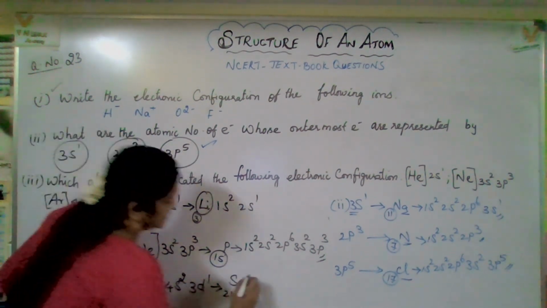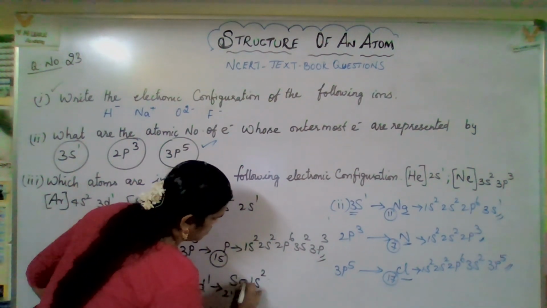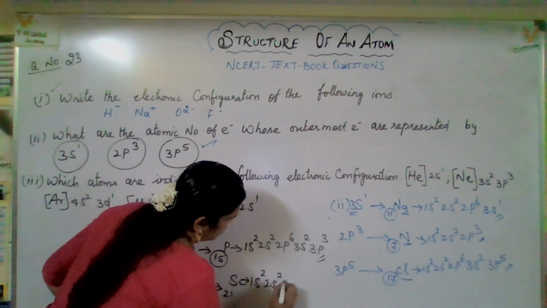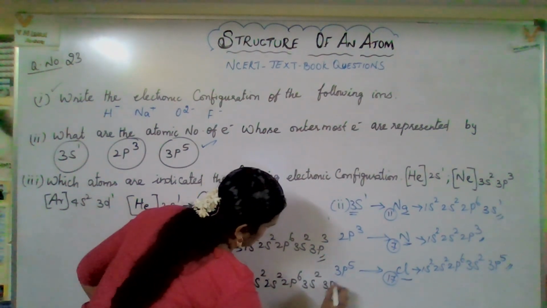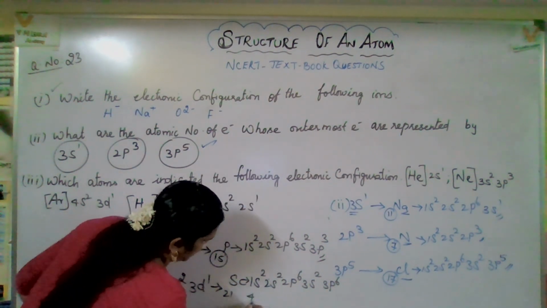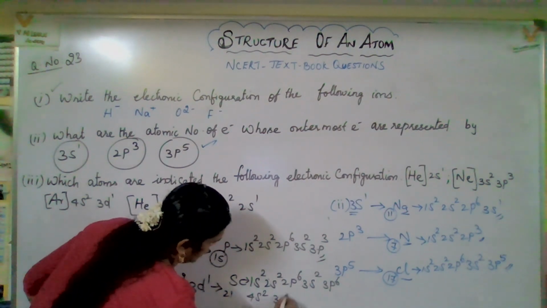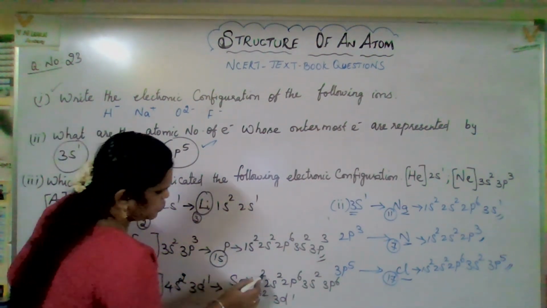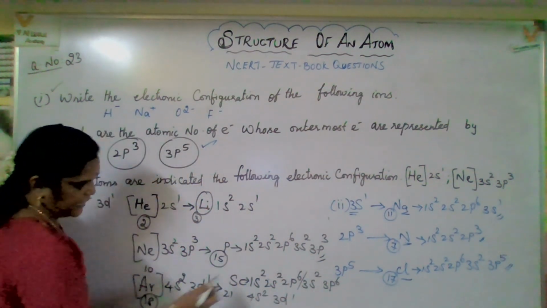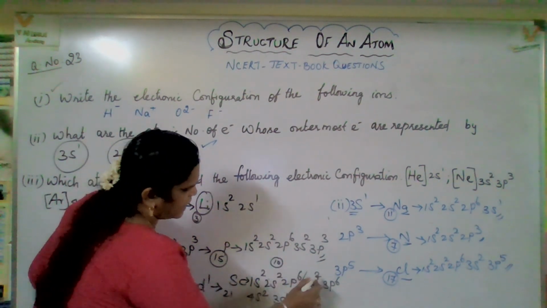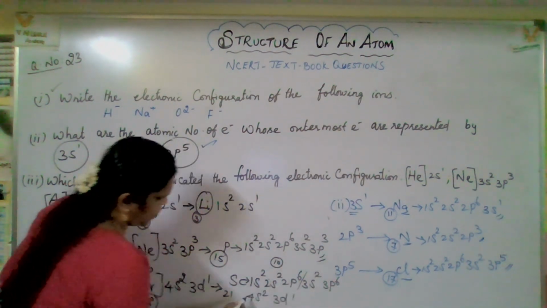Right? Okay, so that means 1s2, 2s2, 2p6, 3s2, 3p6, 4s2, 3d1. See, 2 plus 2, 4, 4 plus 6, 10. Here 10 electrons are there and then here 6, 2 and 2.